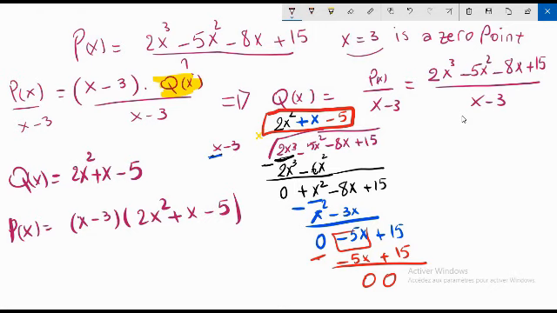And all over again, you have to decompose this, you have to factor, or you may even solve it with the quadratic formula, by formula.